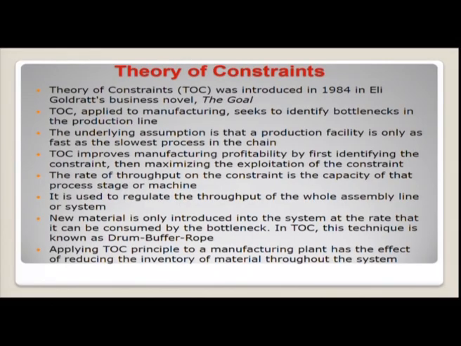The rate of throughput on the constraint is the capacity of that process, stage or machine. It is used to regulate the throughput of the whole assembly line or system. New material is only introduced into the system at the rate that it can be consumed by the bottleneck.